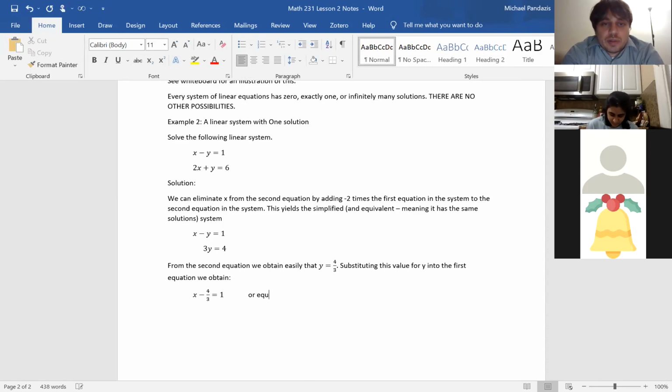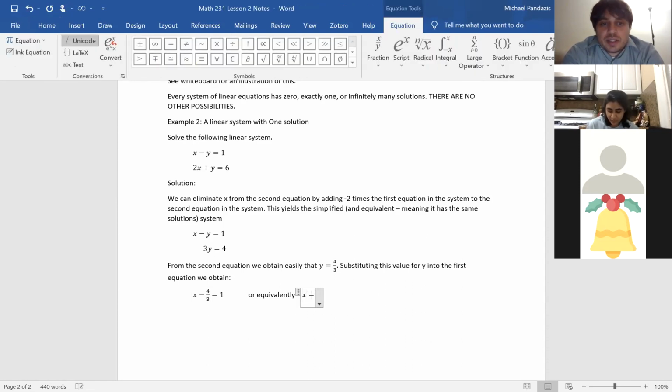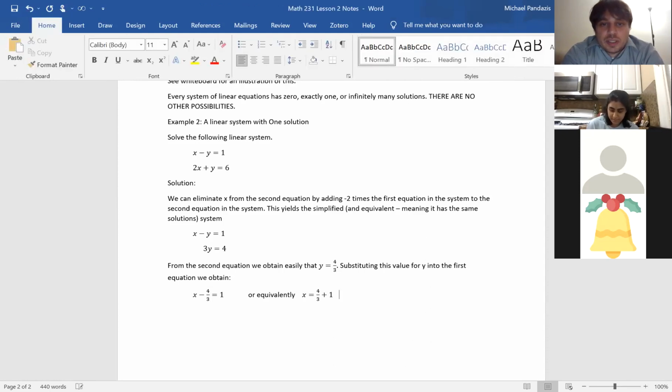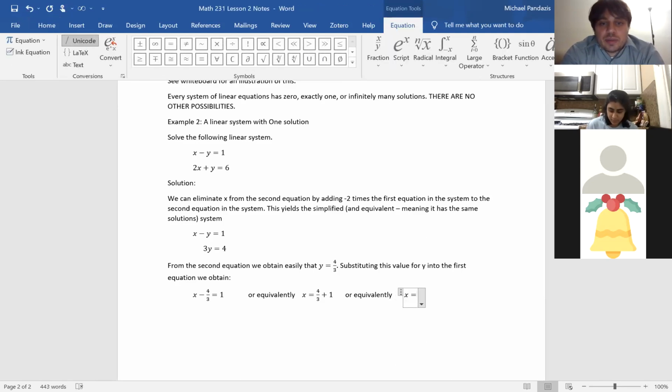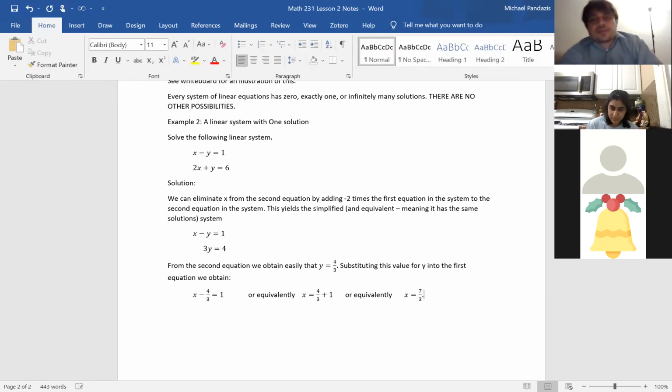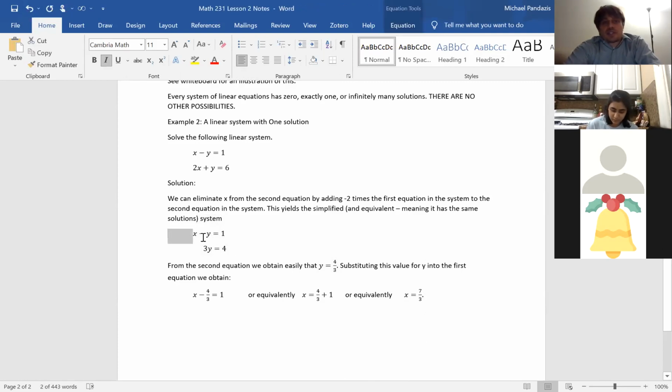Or equivalently, x is equal to 4/3 plus 1. Or equivalently, x is equal to 7/3. Okay, so after we found y equals 4/3 from the second equation of the simpler system, we plug in that solution for y into here, and then we solve for x, and we get x has to equal 7/3.